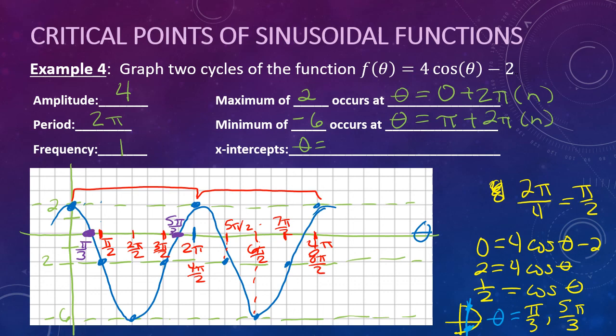And my horizontal intercepts, which really should be theta intercepts, occur as follows. My first one is at pi over 3 and every full period after that. My second theta intercept is at 5 pi over 3 and every full period after that.